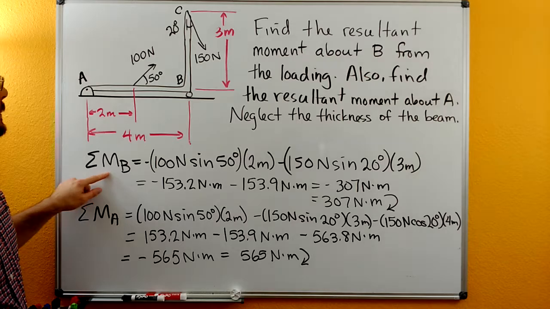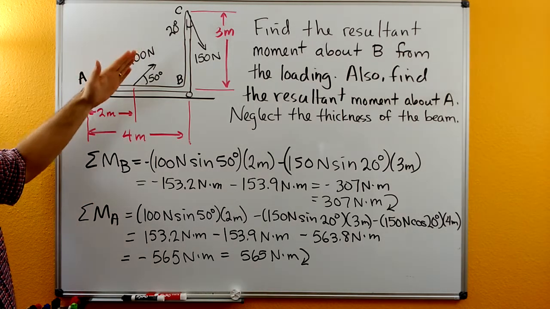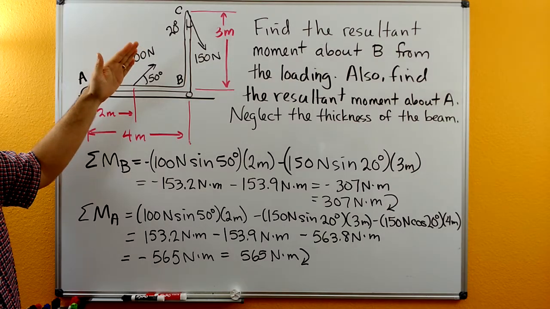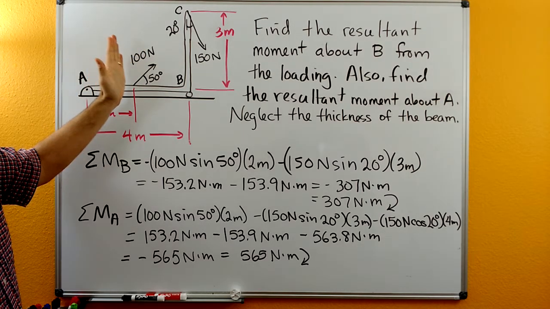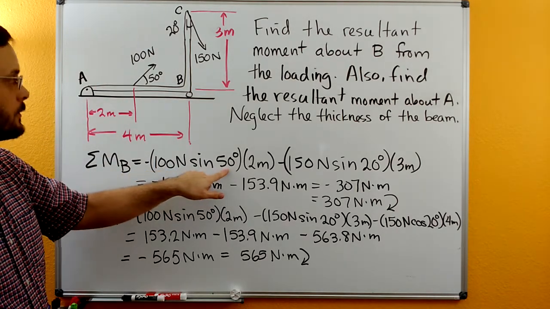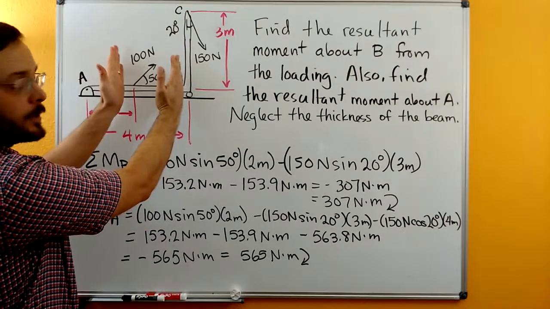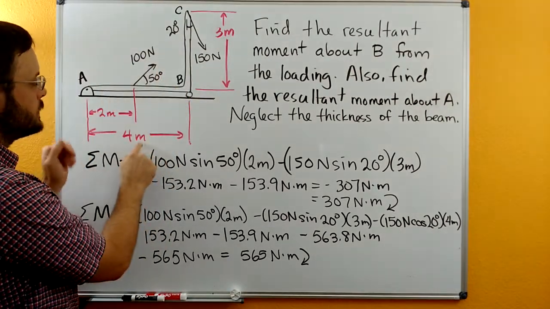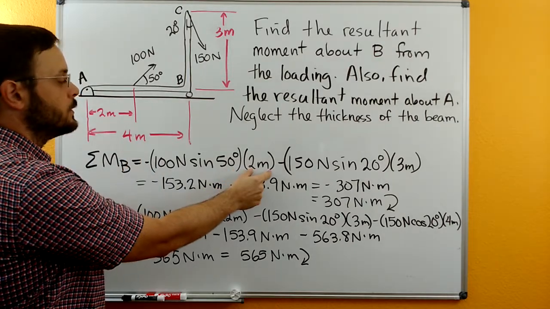So let's look at the sum of moments about B. We have the 100 Newton force here. If we think about the x and y components, let's first look at the y component. That would be 100 newtons times sine of 50 degrees. The y component has this x separation from point B, so this would be the 4 meters minus the 2 meters, which gives us 2 meters.